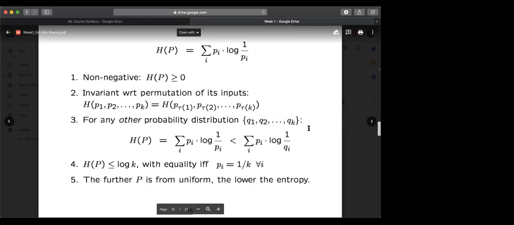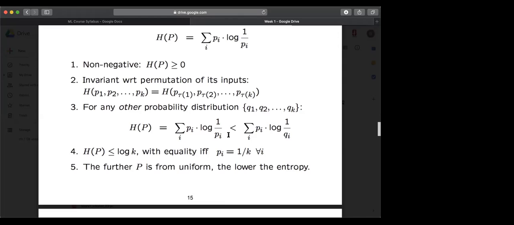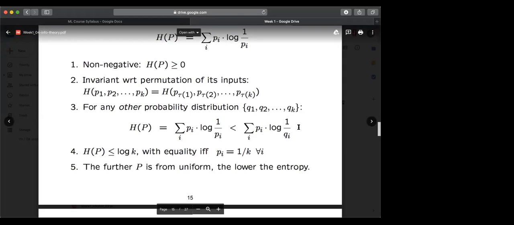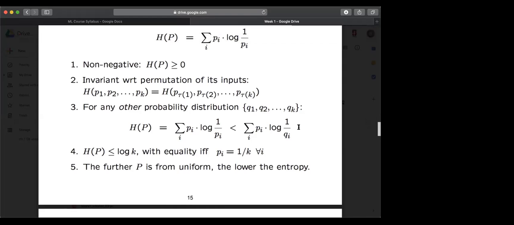It'll make a little bit more sense when you look at ground truth labels and then the predicted probability distribution. So we'll talk about that in cluster evaluation. But does that make sense, that the entropy will always be higher?